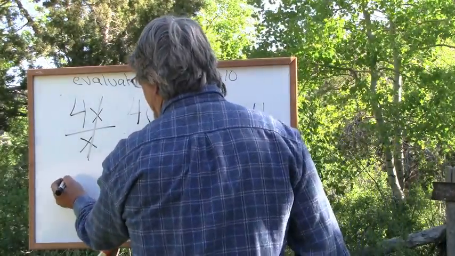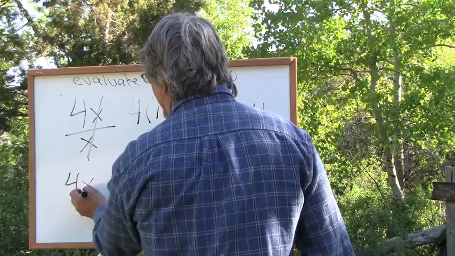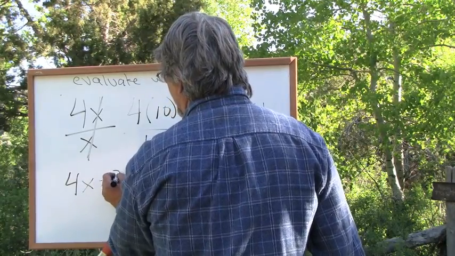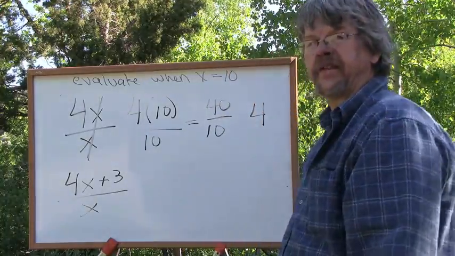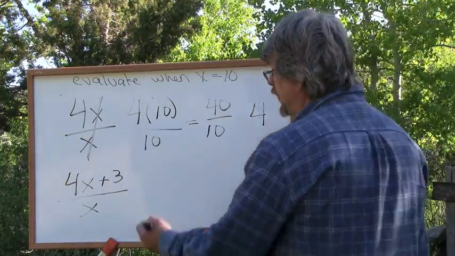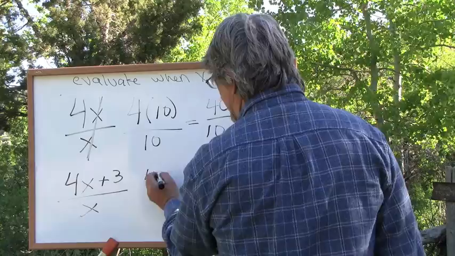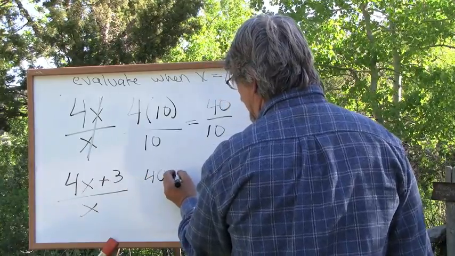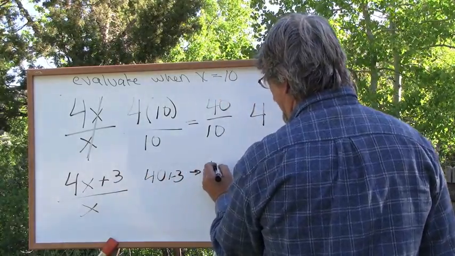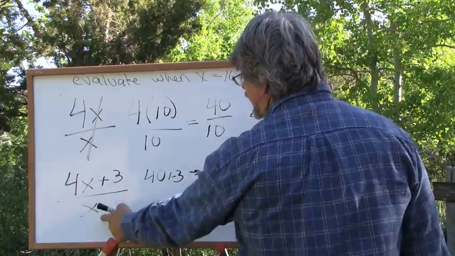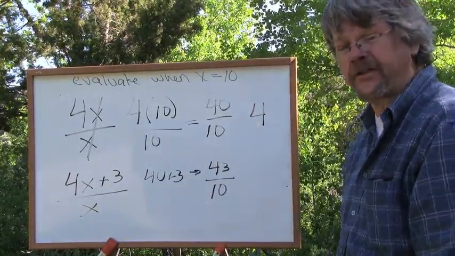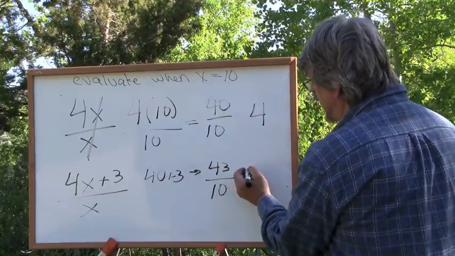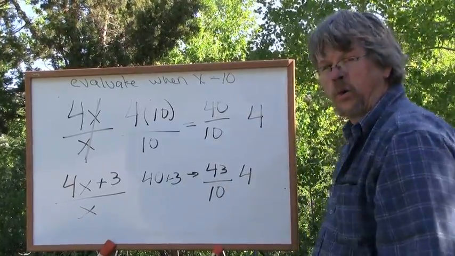Now if you had something like this, 4x plus 3 over x, now we see that changes. 4 times 10 is going to be 40, plus 3 is going to be 43. X is 10. We have 43 tenths, an improper fraction. 10 goes into 43 how many times? 4. What's the remainder?